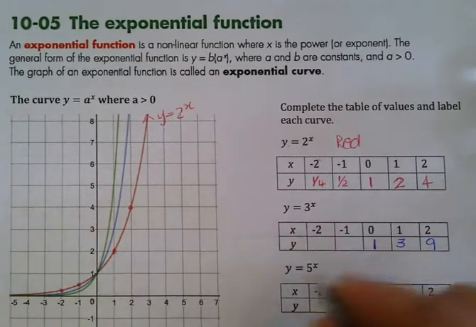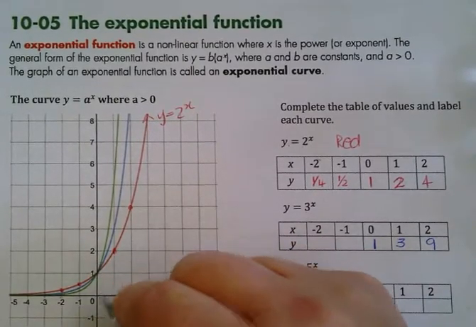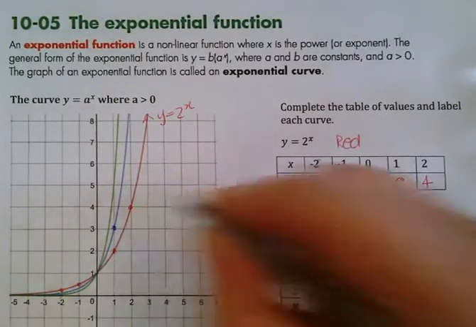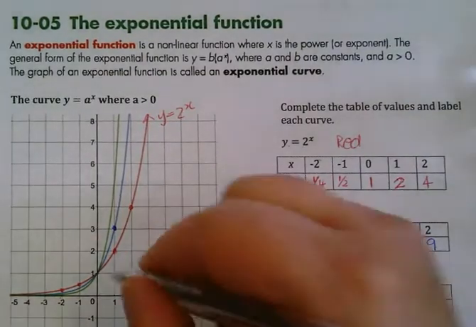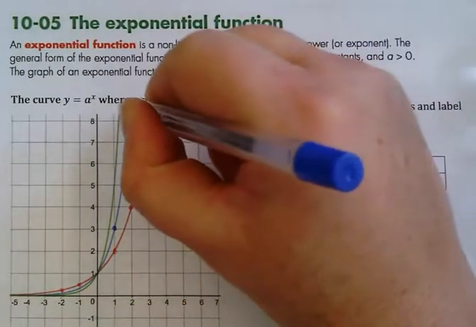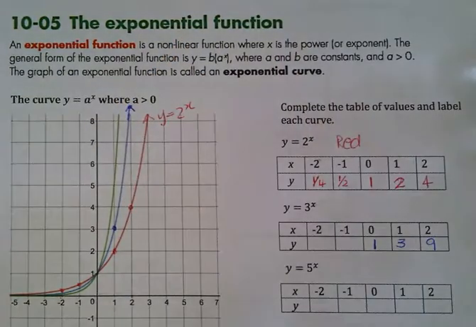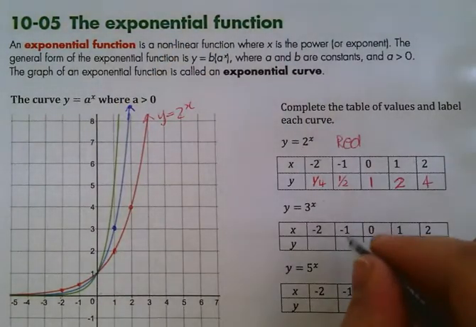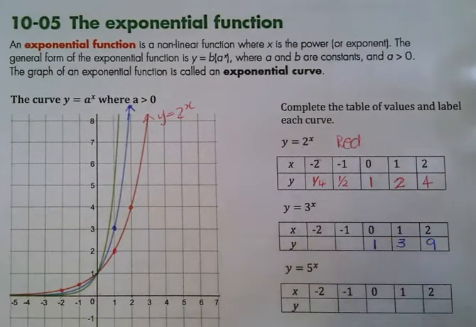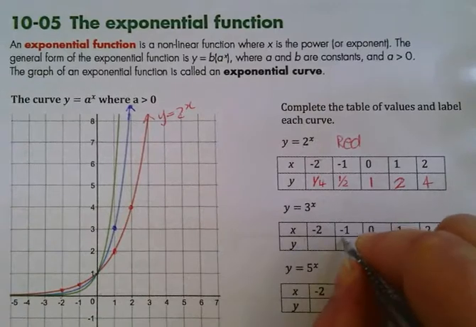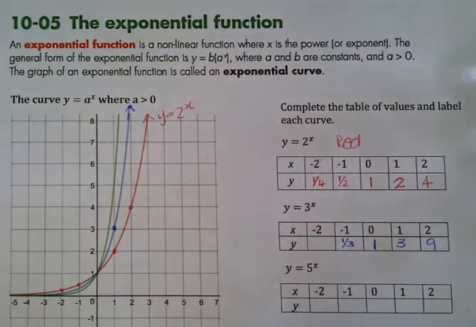Let's have a look. When x is 0, y is 1. When x is 1, y is 3. That looks right. And when x is 2, y is 9, up here. Let's do the fractions. 3 to the power of negative 1. Calculator, please. 0.3 recurring, which is actually a third.